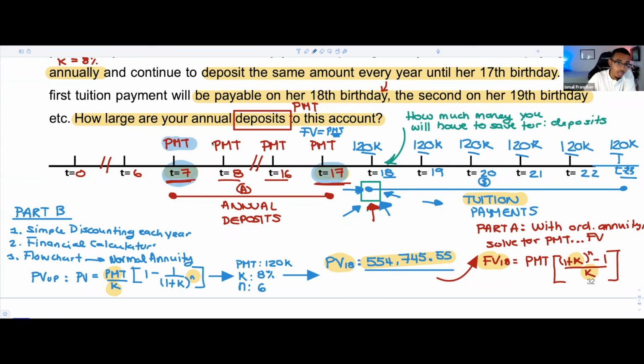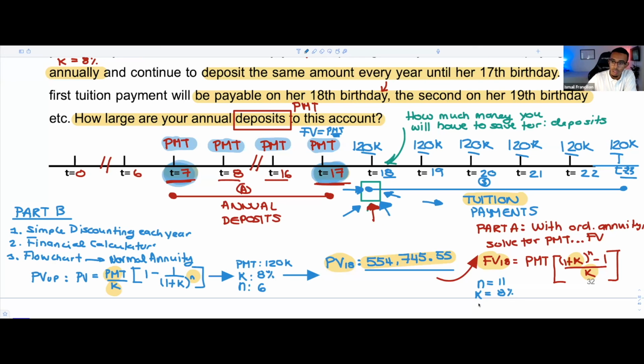That's how many payments we're making. Does everybody agree that we have 11? Because we have a payment at T7 all the way to T17. So N equals 11, and we know our K already, which is 8%.